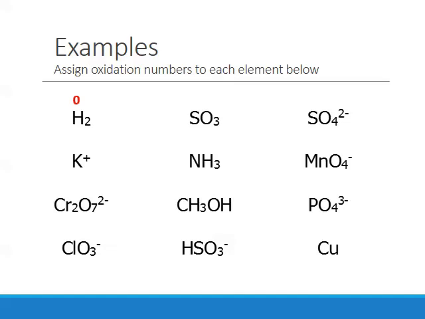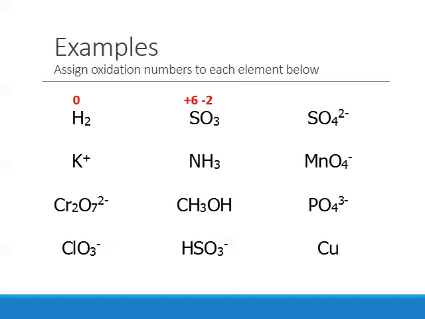So if you have 3 oxygens, and each of the oxygens is -2, then that one sulfur has to have an oxidation state of +6. A simple way to test this is there's 1 sulfur in the formula, so 1 times 6 is +6. 3 times -2 is -6. And 6 and -6 cancel out and give you 0, which was the charge on the compound. So I know I've done that right.